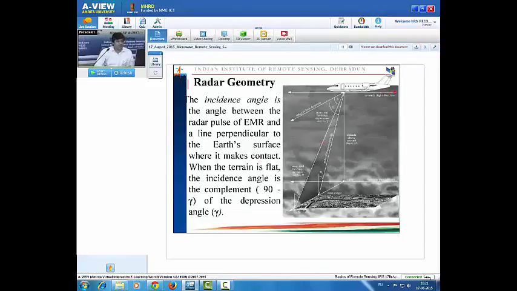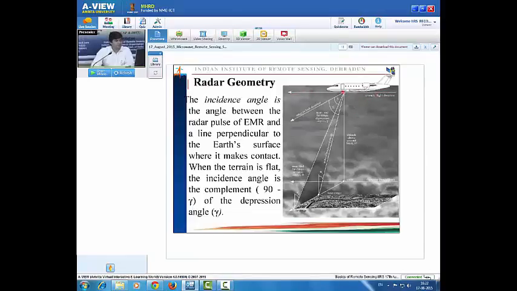So here you can see the aircraft, and at the bottom of the aircraft the SAR sensor is placed. The aircraft is moving in one direction. The direction of flight is known as the azimuth direction.